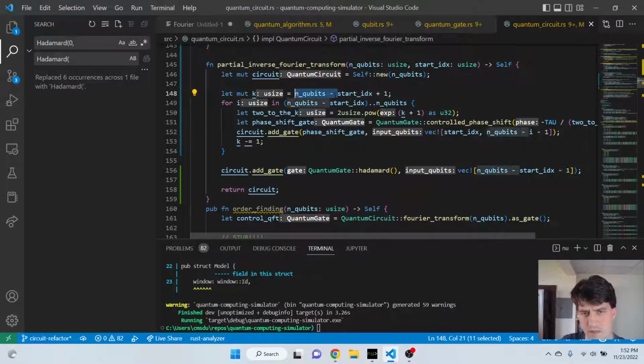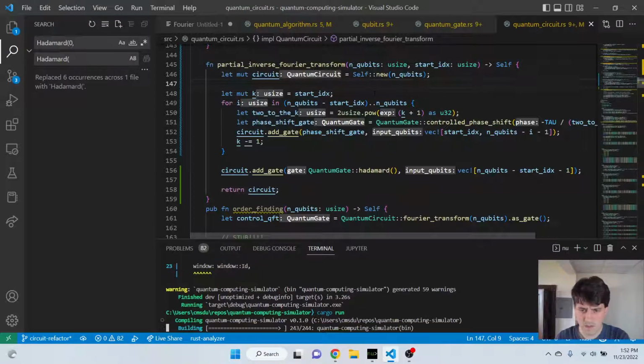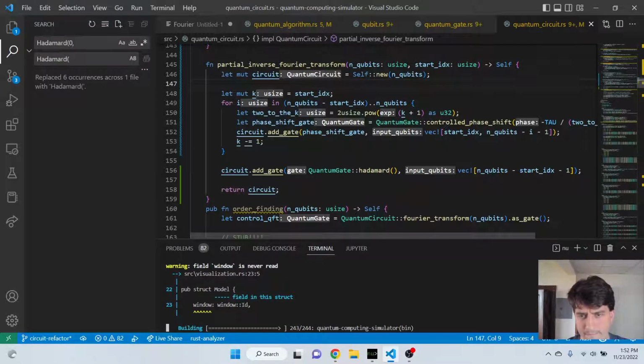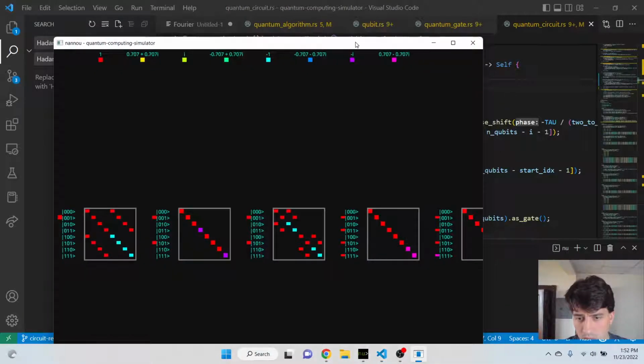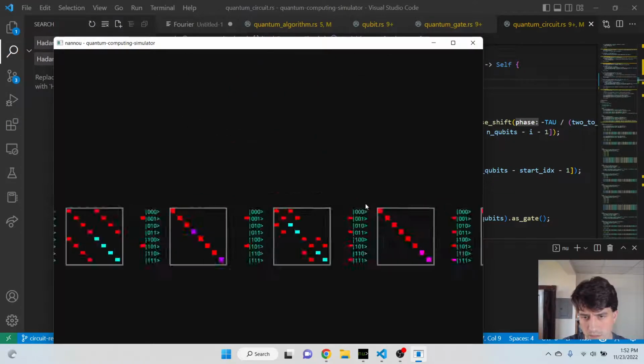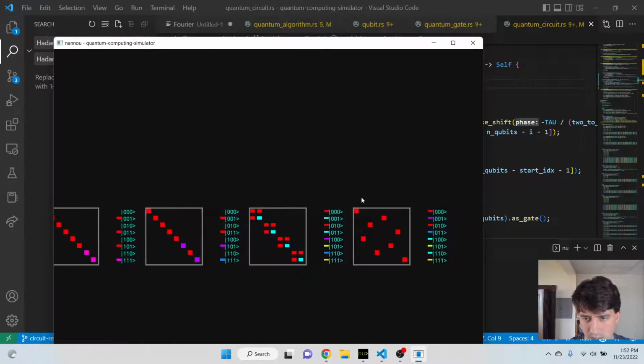So K is just equal to start IDX here. There we go. Yes, okay, that looks correct.